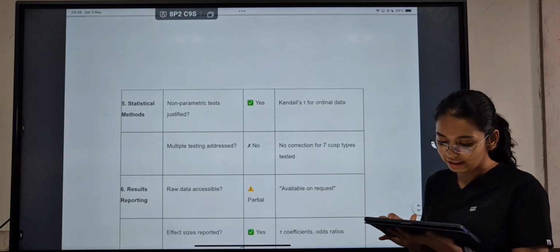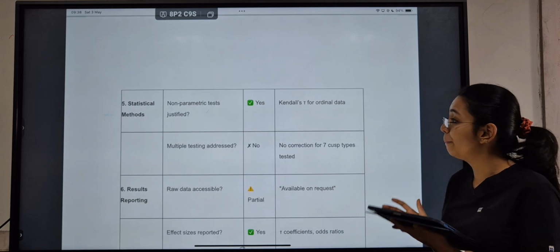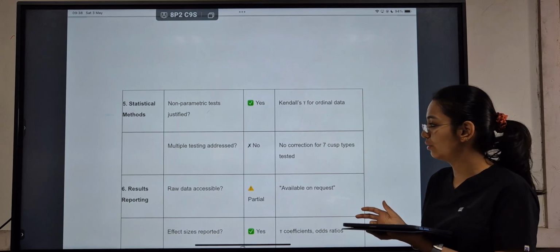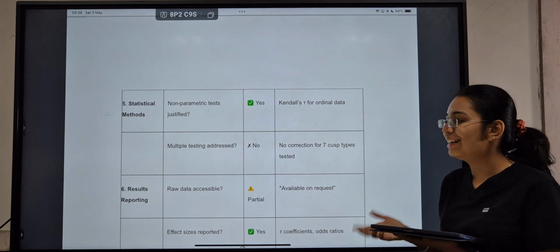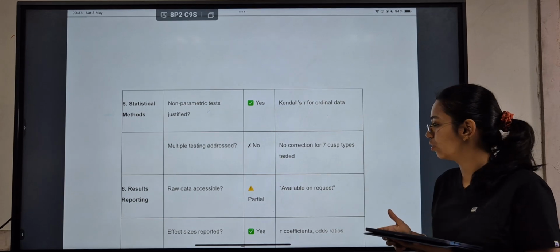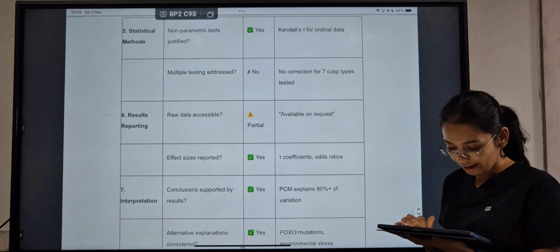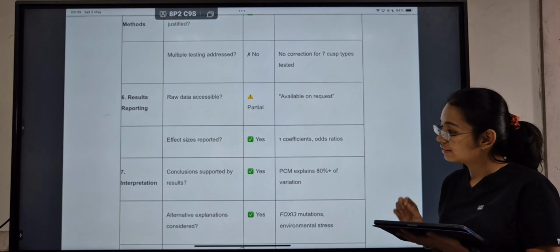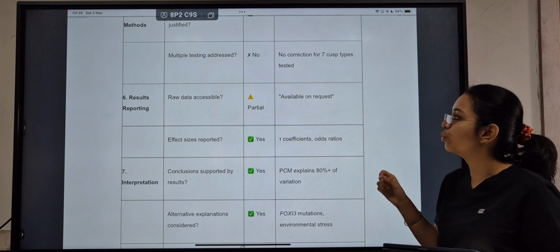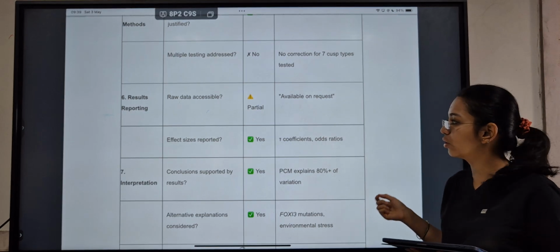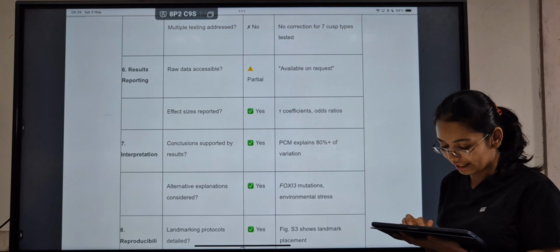And statistical methods, non-parametric tests were justified, but multiple testing was not addressed. There was no correction for the 7 cusp types tested, and the raw data is said to be only available on request, so that was a limitation.